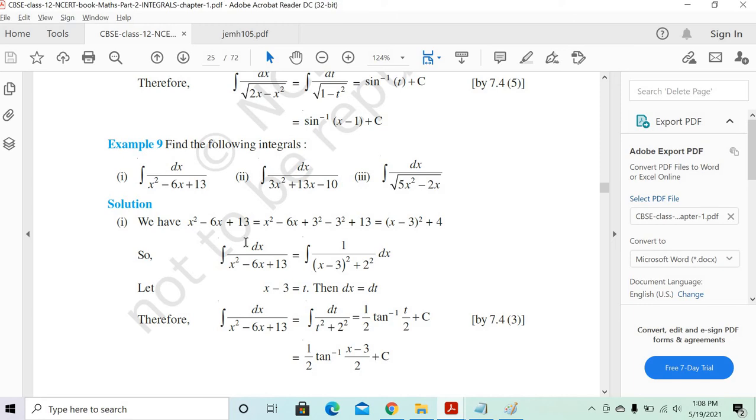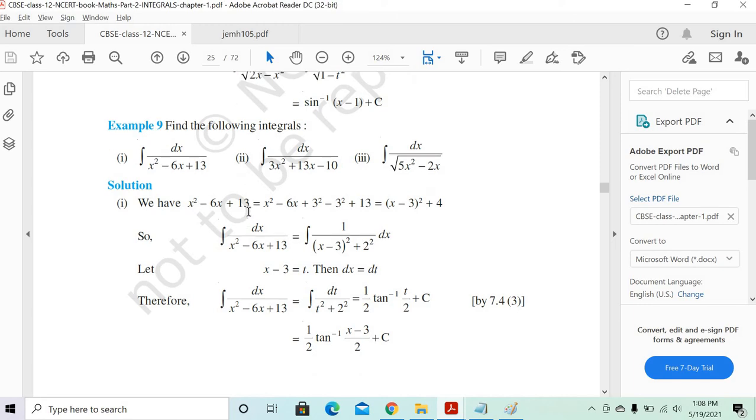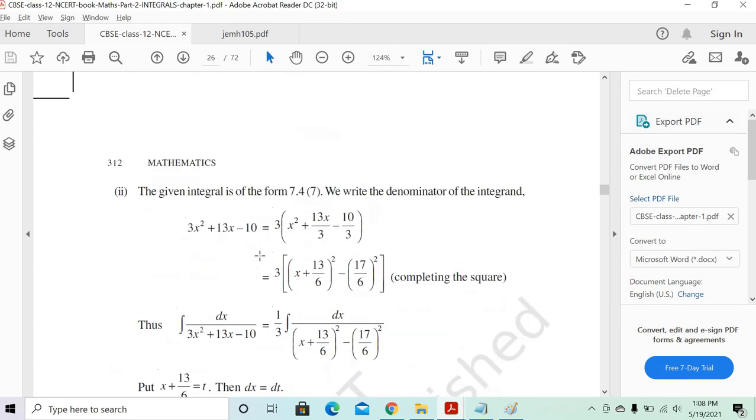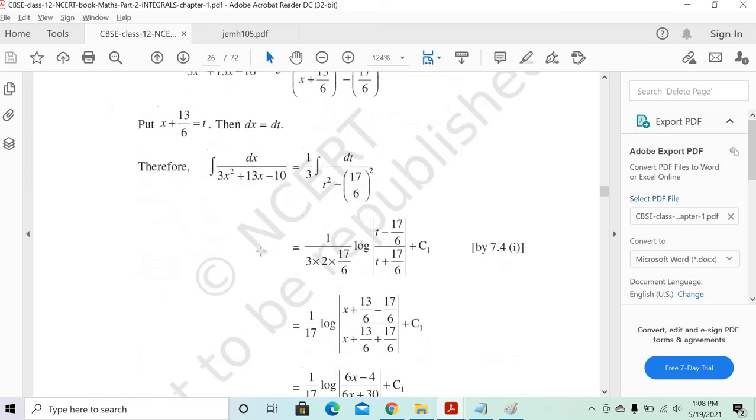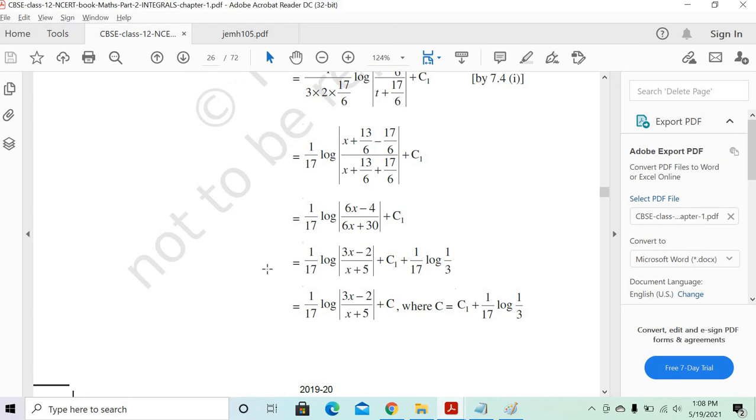Yep, it's 1 by 17 log of 6x minus 4 by 6x plus 30 plus b. Yeah, correct answer, Vijay. Excellent. Superb. No need to simplify further, you can just keep it like that also.